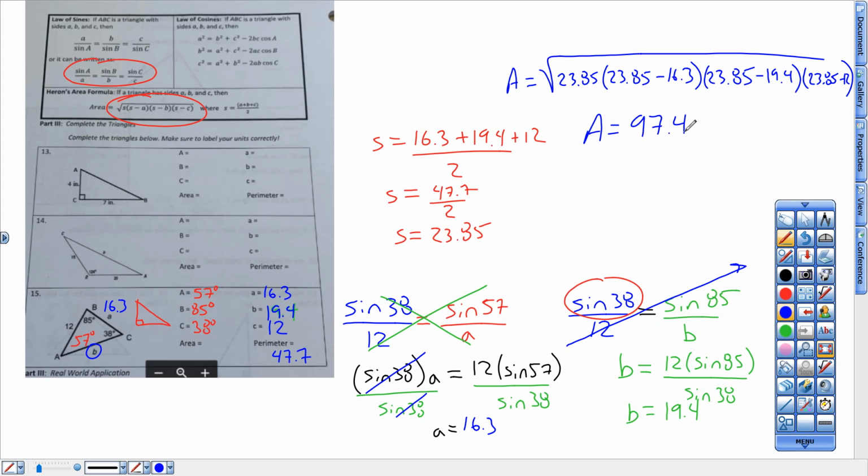And I'm hoping I did that accurately. Again, area is not a degree. All right, here we go.